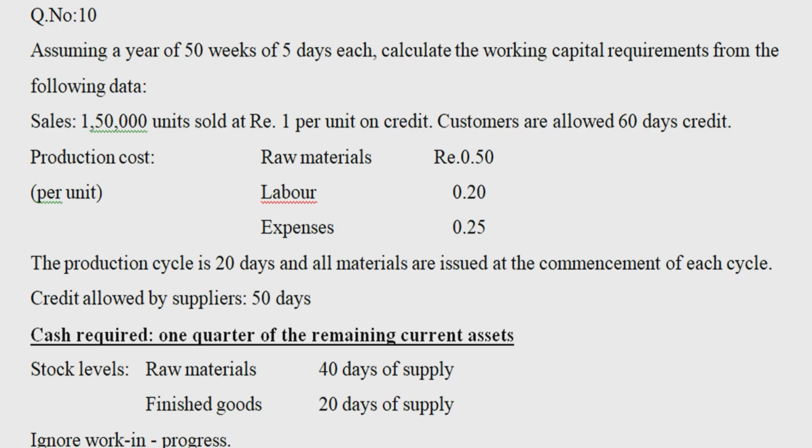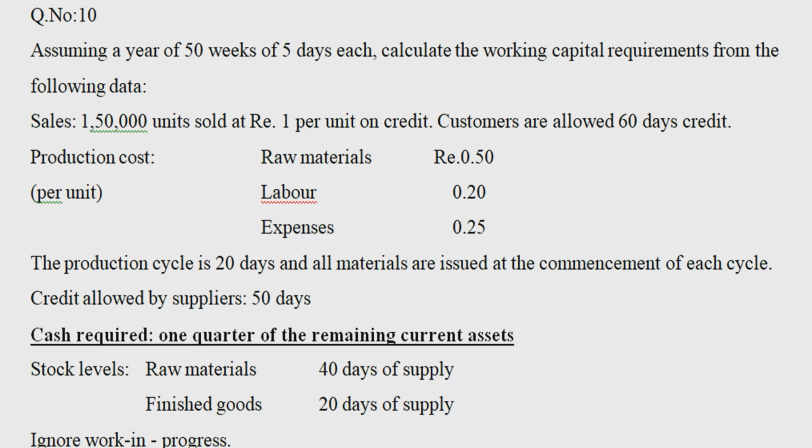Cash required is 1 quarter of the remaining current assets. Stock levels they have given: raw material 40 days of supply, finished goods 20 days of supply. They have also said to ignore work in progress. So we have to find out the working capital requirement, which is nothing but current assets minus current liabilities.